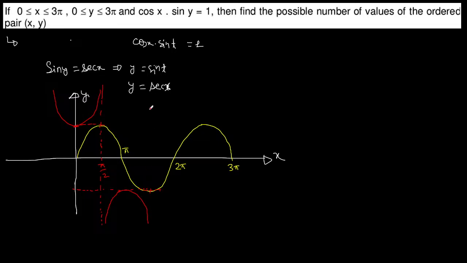So I think they are not matching. They are not intersecting at any point. At 2 pi it is 1.